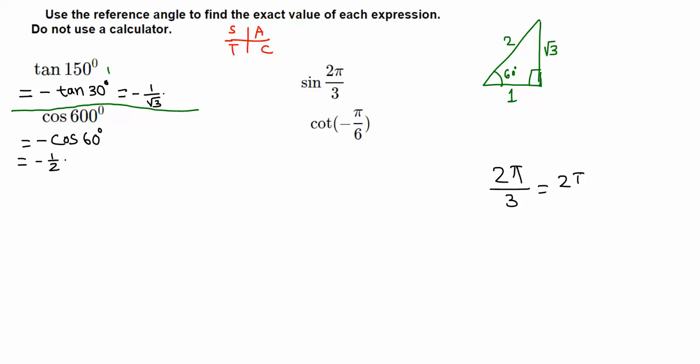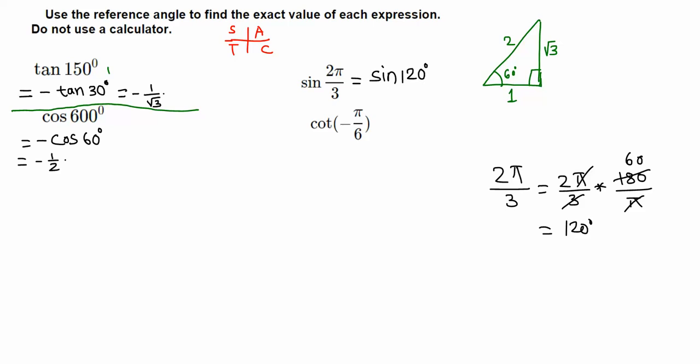So for 2π/3 we multiply by 180/π, then the π cancels. Now 3 goes into 180 60 times, 60 times 2 is 120. So 2π/3 radians is the same as 120 degrees.